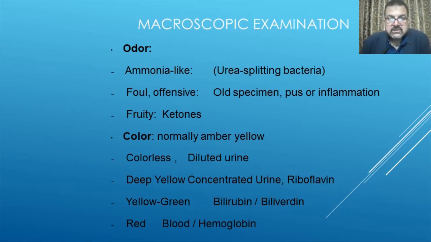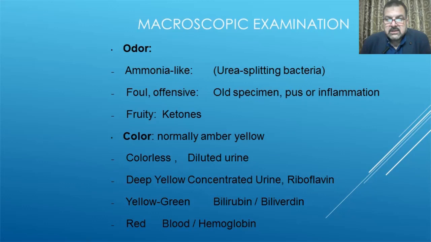In macroscopic examination, we are looking for the odor. If it is ammonia-like, usually in urology we have urea-splitting organisms or bacteria, which can change the smell to ammonia, so the smell will be more obvious in these cases.